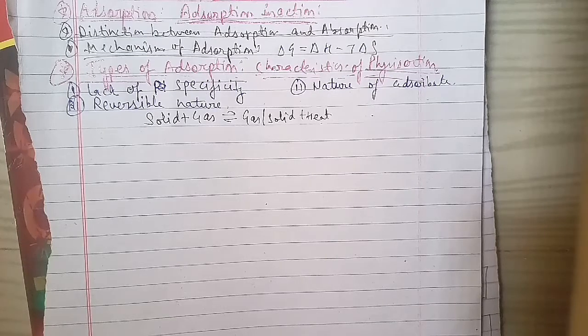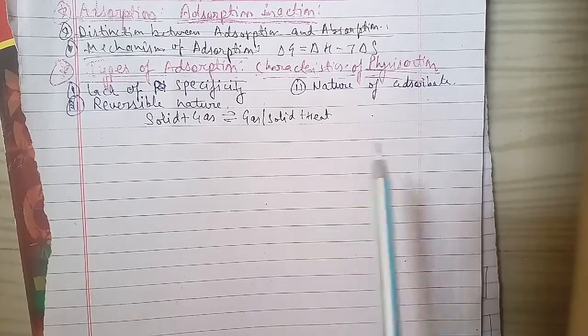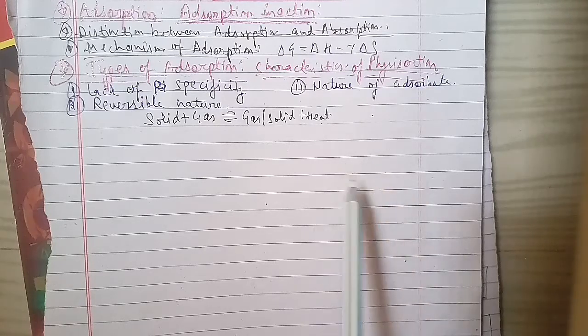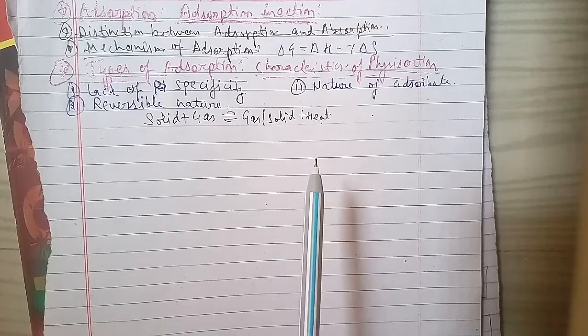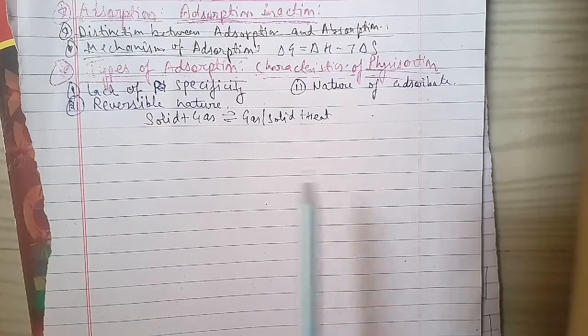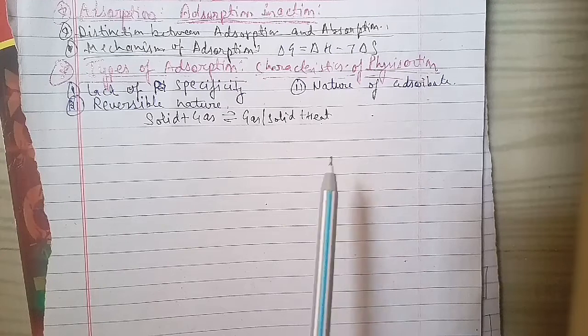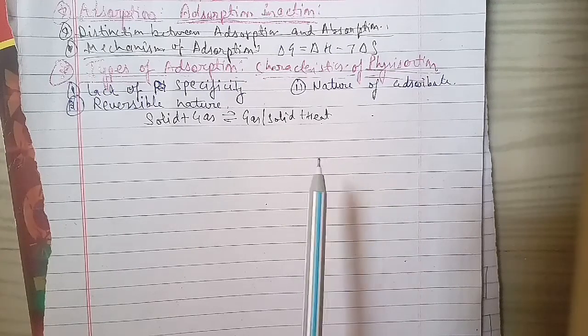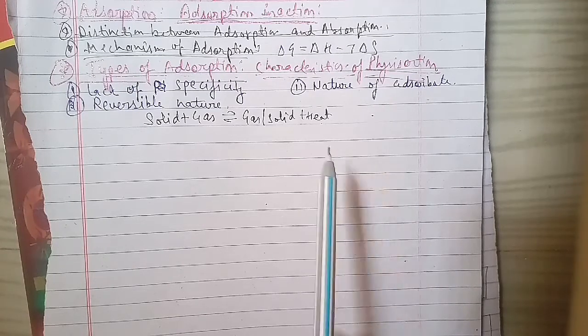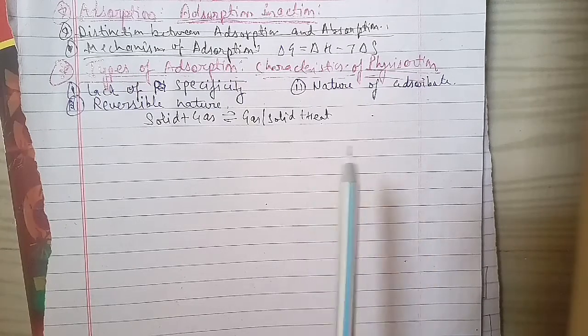More of the gas is adsorbed when the pressure is increased as the volume of the gas decreases, that is Le Chatelier's principle, and the gas can be removed by decreasing pressure. Since the adsorption process is exothermic, physical adsorption occurs at low temperature and decreases with increasing temperature, again by Le Chatelier's principle.